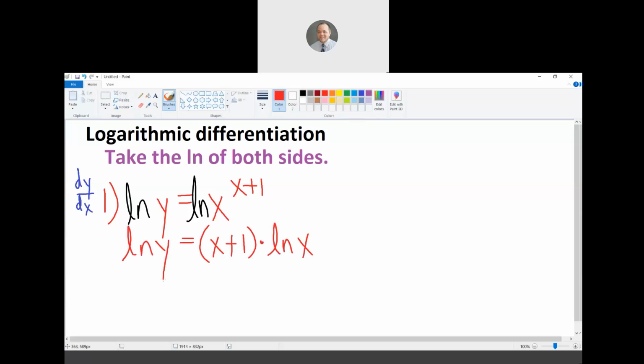Now we're ready to take the first derivative. The natural log of y derivative is 1 over y. And remember, when you take the derivative of y with respect to your independent variable, you have to tack on a ratio, in this case, dy over dx.